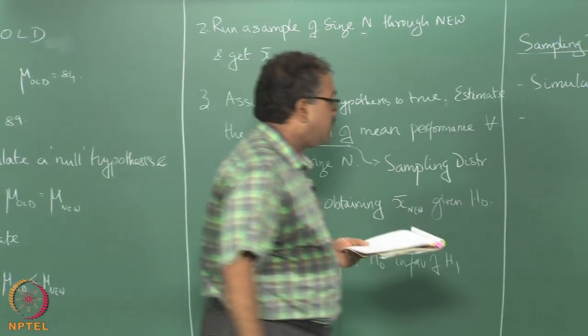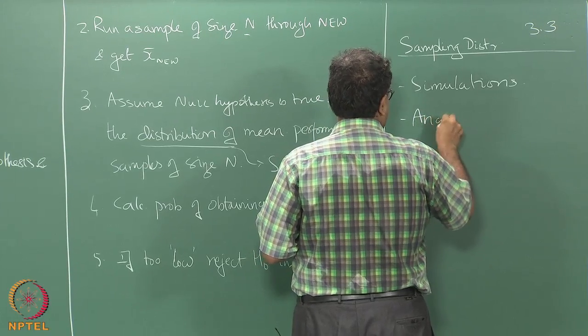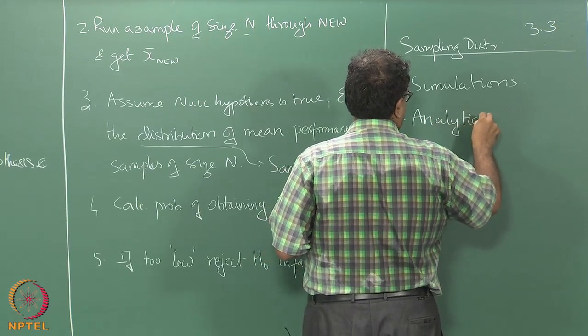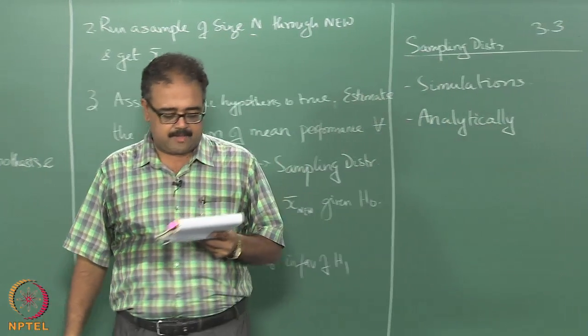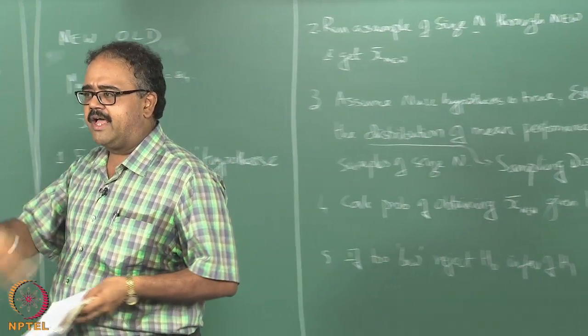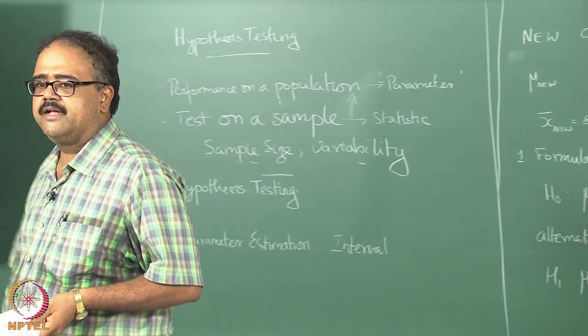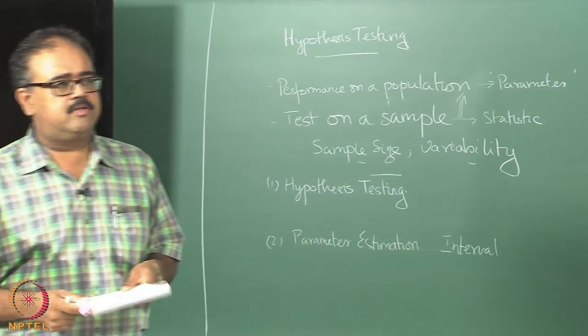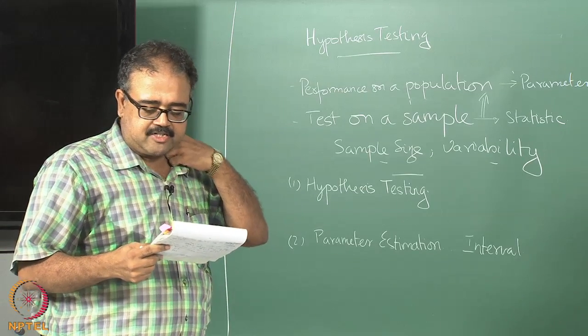Or I can try to find the sampling distribution analytically, provided I have simple enough underlying data distributions and I know something about them.